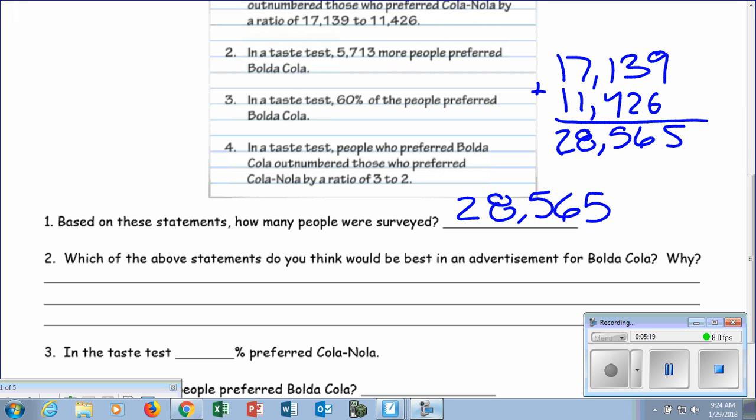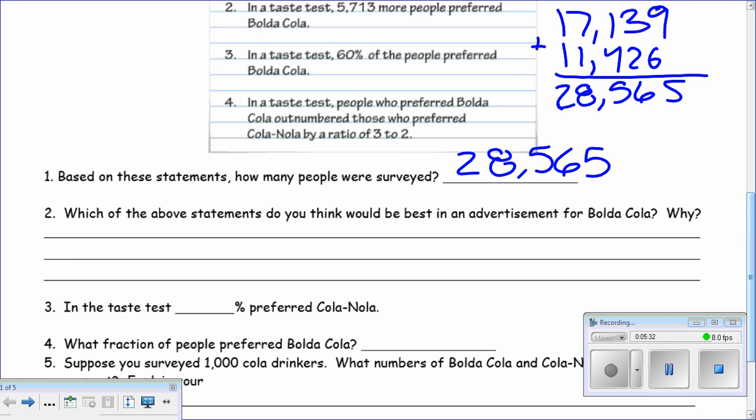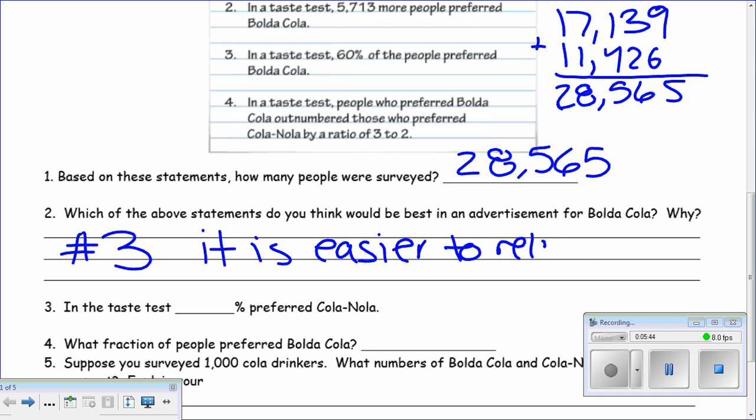Elena? We got 3. We thought that showing 60% is greater than 40%. She said that was probably the easiest way for people to understand and see that more people liked the cola. So statements 2 and 3 are true.